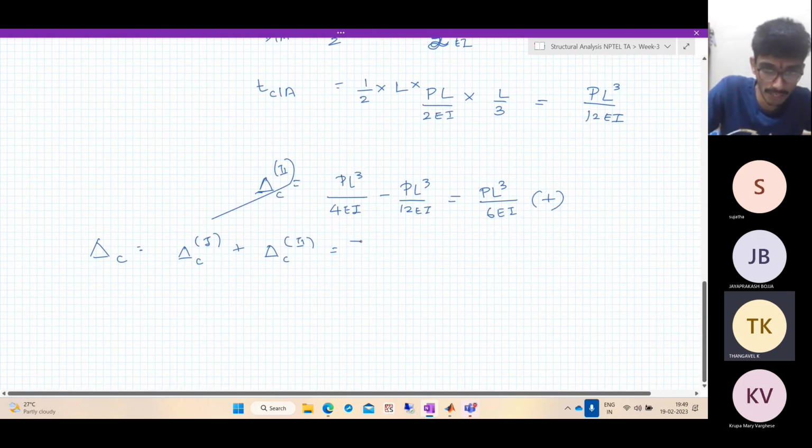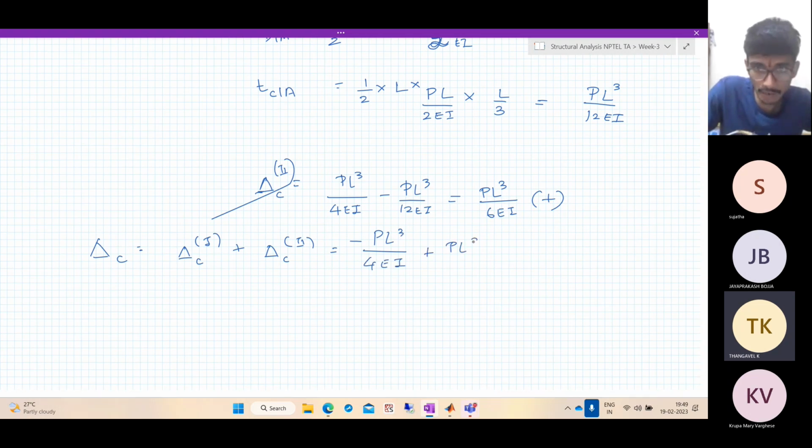The LCM is 12, so this is 3 by 12 and 2 by 12, so minus PL cube by 12EI. Since it is negative, no wait, this can't be negative.